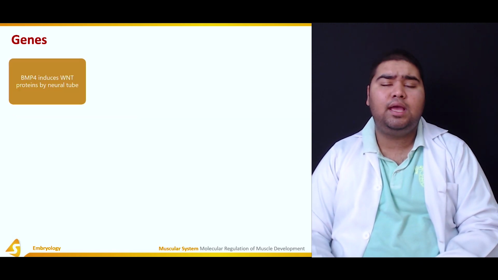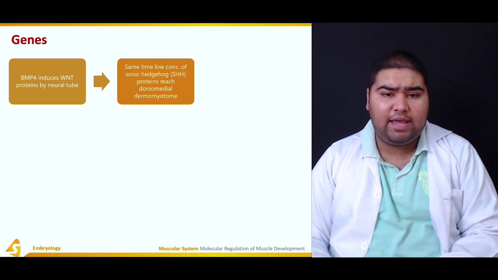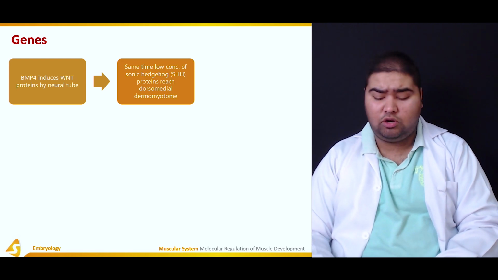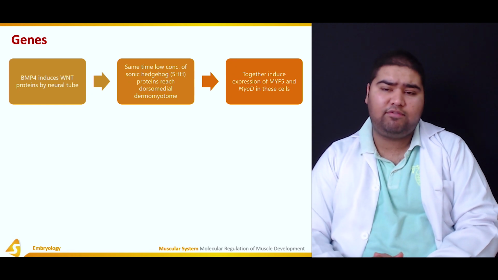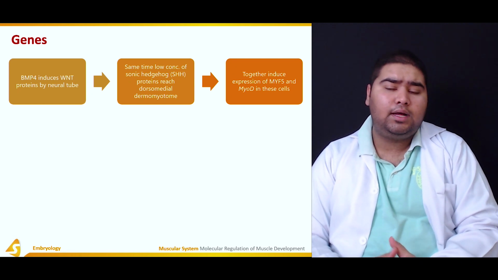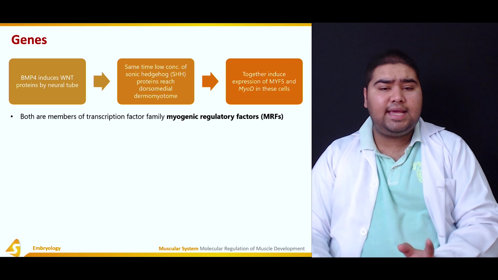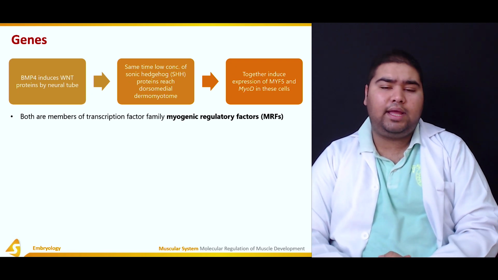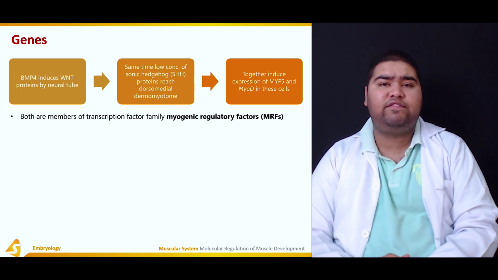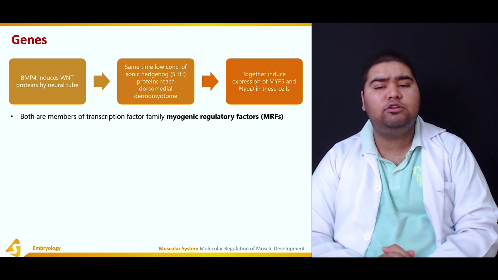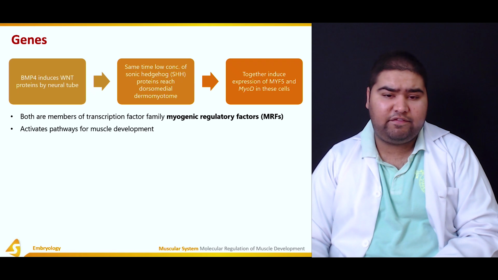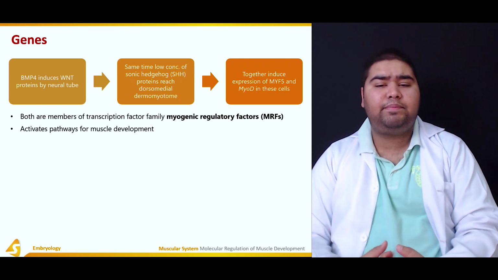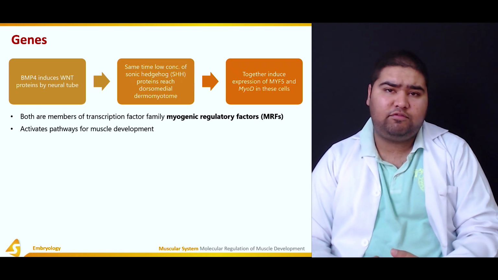This MyoD, under the influence of BMP4 and sonic hedgehog gene, increases the expression of MYF5 in the cells. Both MyoD and MYF5 are members of the myogenic regulatory factors family of transcription factors. This activates the pathways for development of muscles.